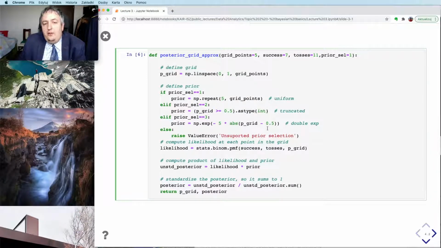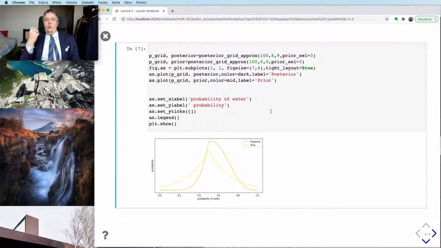That will be a prior that sets the peak at the median. The rest is exactly the same as previously. We standardize everything. So what we are doing here now, we can plot our probabilities.